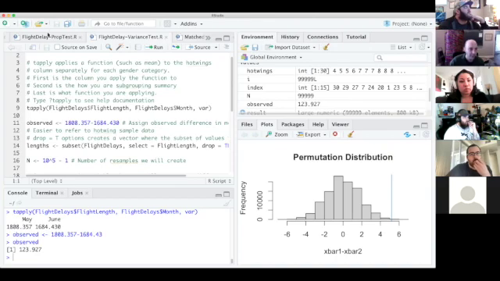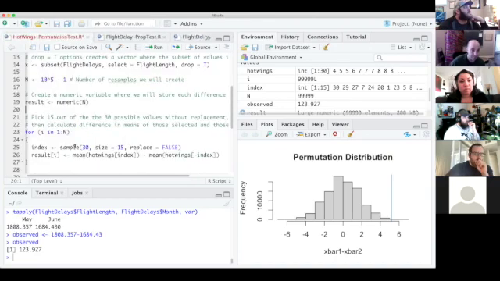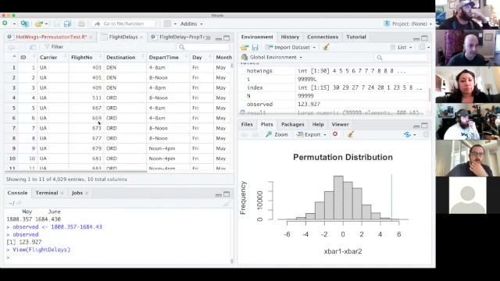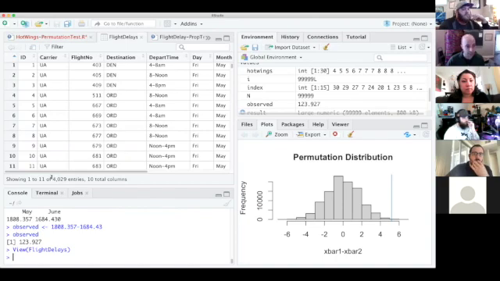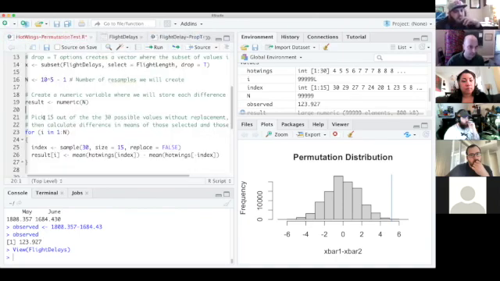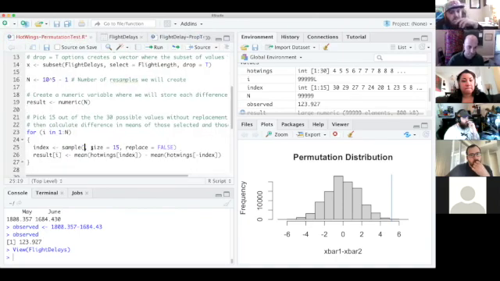So what we need to do is count up how many total observations there are. For that, I could do view flight delays. And that tells me, okay, this is the 4,029 entries that we have over here. So that's good to know. And now we need to be a little bit careful about things.